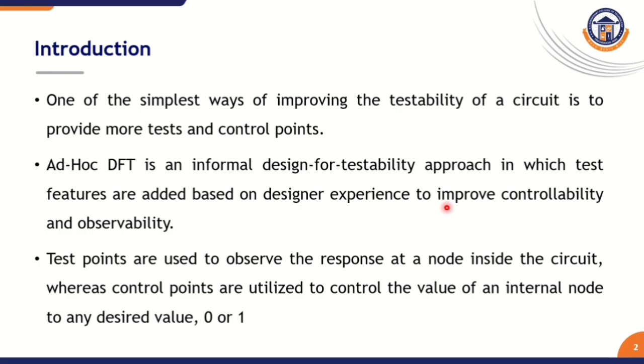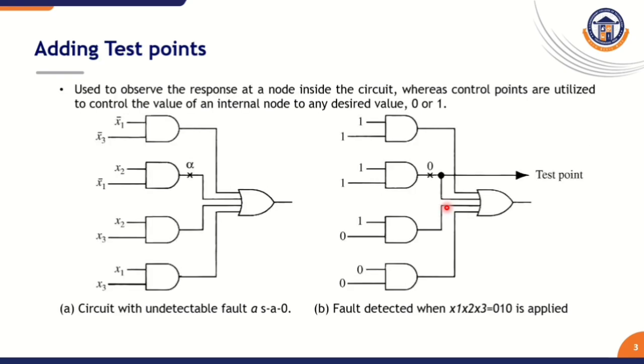Let us discuss adding test points in circuits. Test points are used to observe the response at an internal node of a circuit. In the figure shown, part A represents a circuit with an undetectable stuck-at fault. In part B, the fault becomes detectable when the input combination x1, x2, x3 equals 0, 1, 0 is applied.